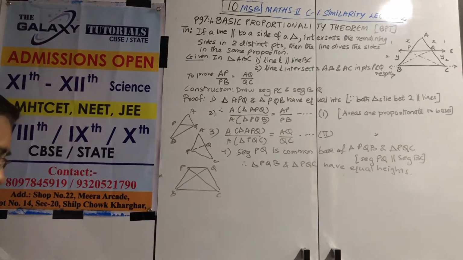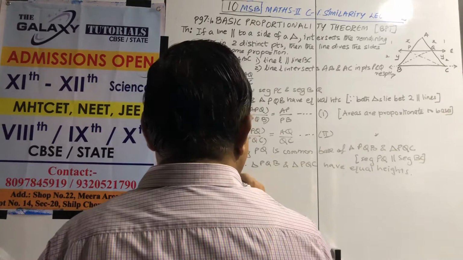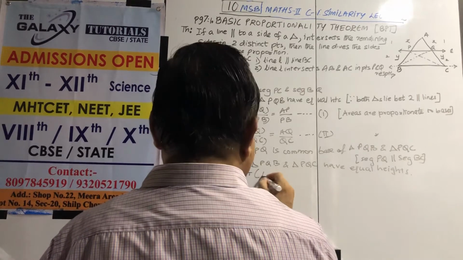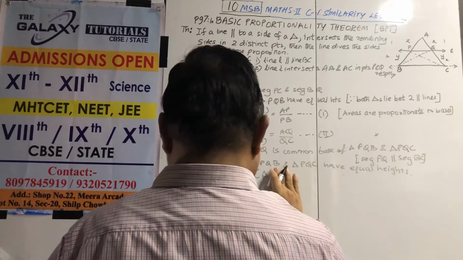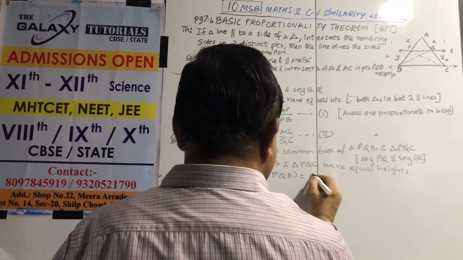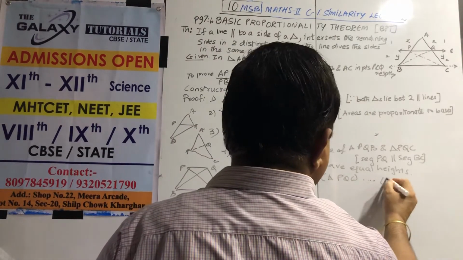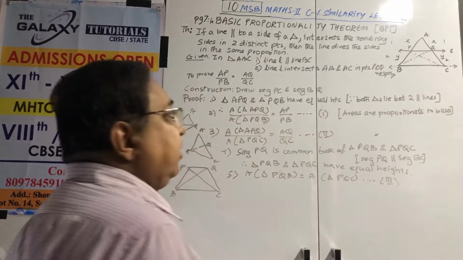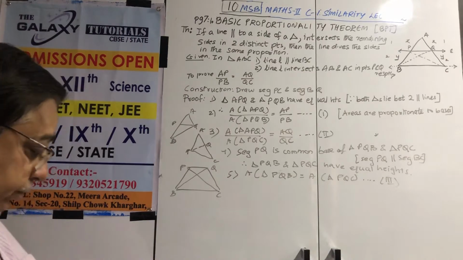So therefore, area of triangle PQB is equal to area of triangle PQC. Third: base is same, height is same, areas are equal. We have seen this in the third case in exercise 1.1.